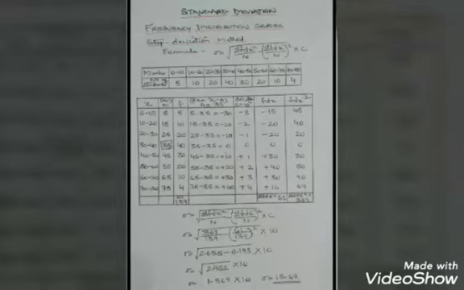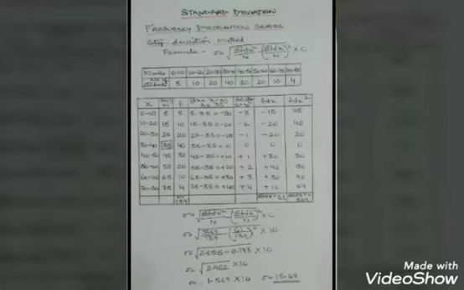Now before we start calculating standard deviation, there are a few things you need to keep in mind. The very first thing is that you are going to assume any value from the mid values as an assumed average. Then we need to find the mid value from the class interval, and from that mid value you are going to calculate the deviation, and from the deviation the common factor.